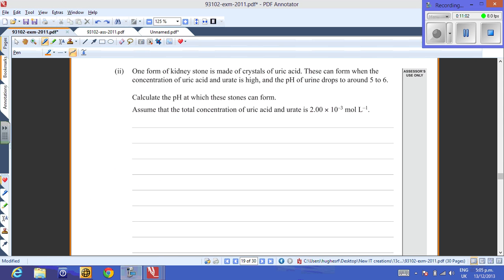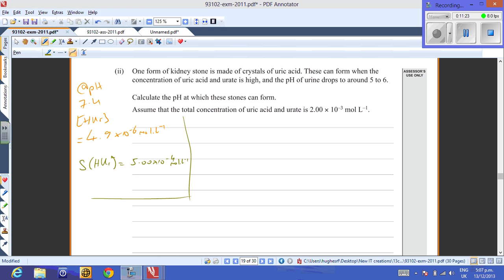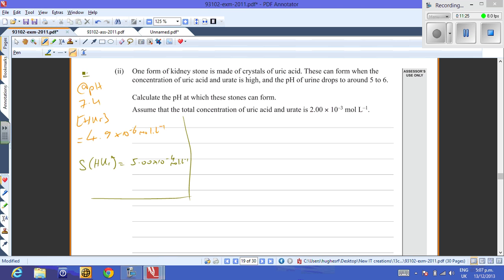Now we've just answered the question which said that in the first part, at pH 7.4, the concentration of your uric acid HUr was equal to, let's just get the number again. So I've just written down these numbers here from part 1.